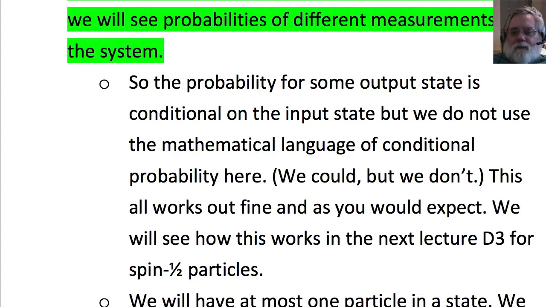It's not that complicated, and it's easy to get used to. Unless you're a mathematician who specializes in probability, you will think in terms of conditional probability, and that's fine, that's up to you. We will see how this works in the next lecture, D3, for spin 1/2 particles.